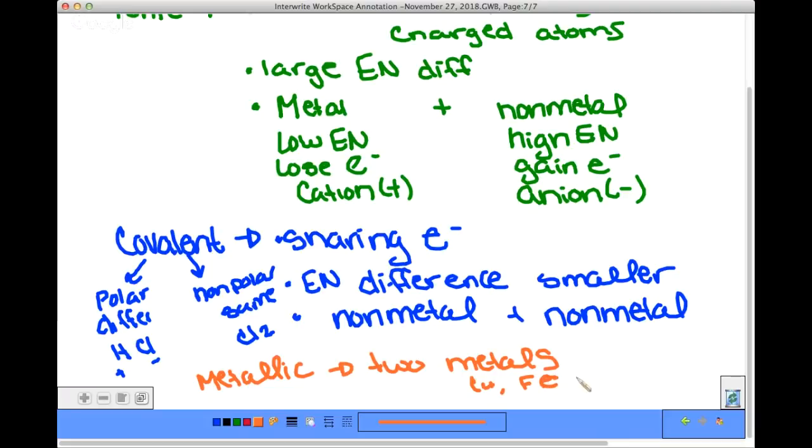And what actually happens with a metallic bond is that you have electrons moving freely. And because they're moving around freely, metallic bonds also conduct electricity in a solid state. These will not conduct electricity as a solid state. Metallic ones are the only ones that will conduct electricity in the solid state.